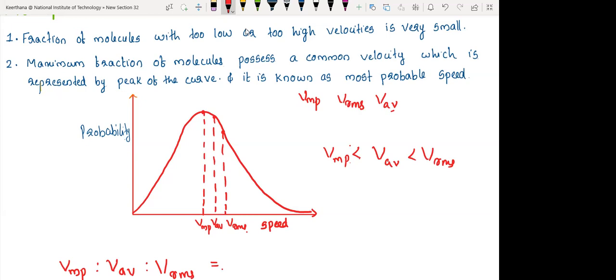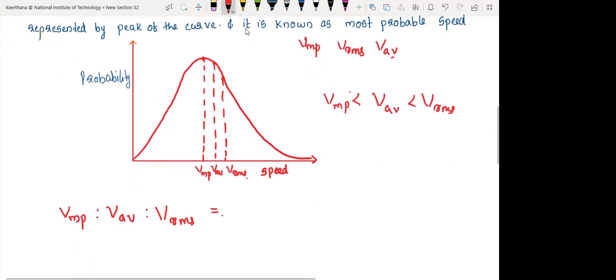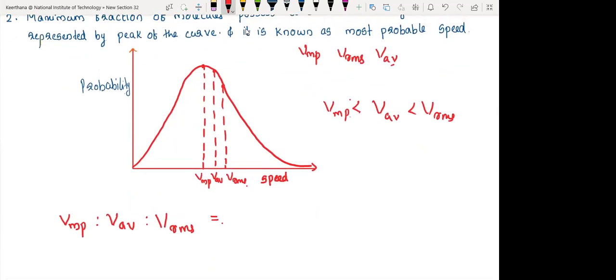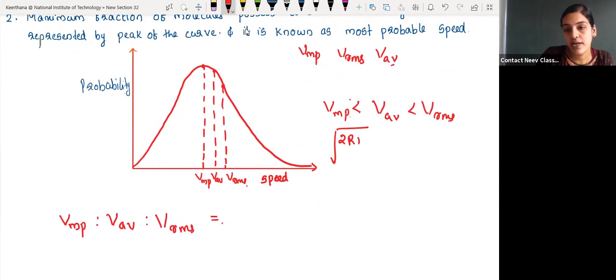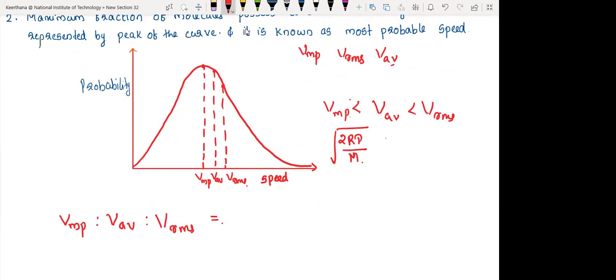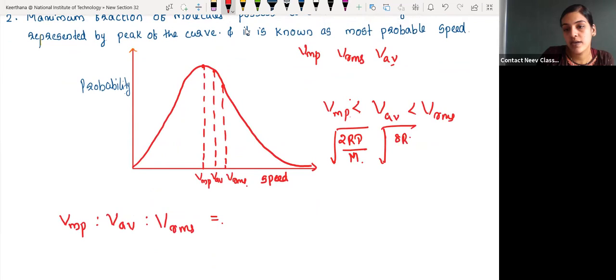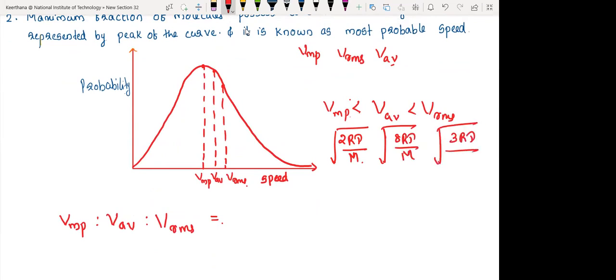If you cancel the RT by M in all of them, you'll get root 2 is to root 8 by pi is to root 3. VMP is root 2RT by M, V average is root 8RT by pi M, and VRMS is root 3RT by M.